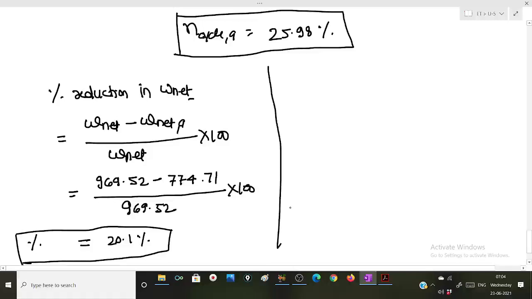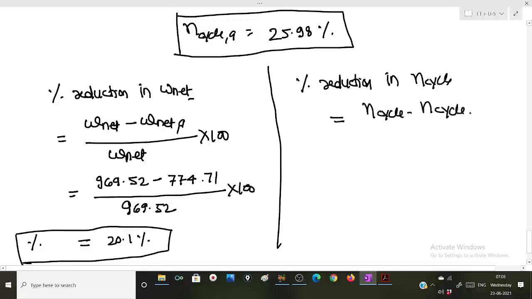Similarly, percentage reduction in cycle efficiency. So this will be ideal cycle efficiency minus actual cycle efficiency to the ideal cycle efficiency.